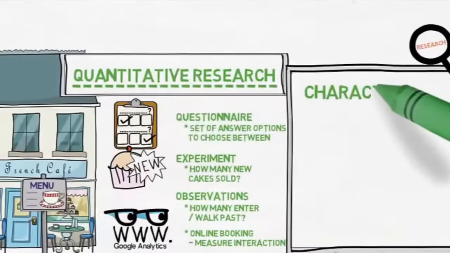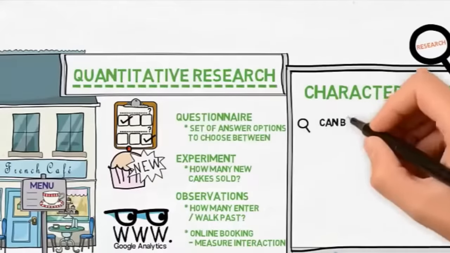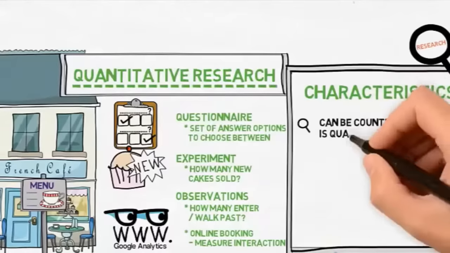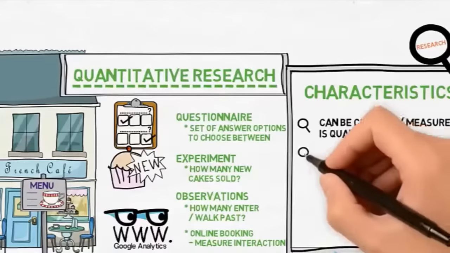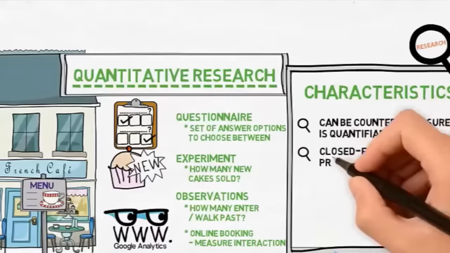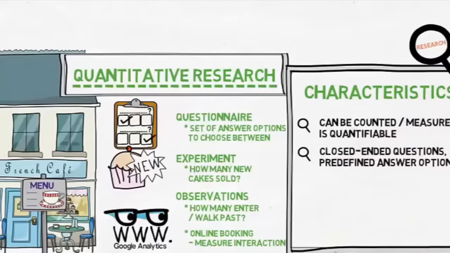So let us summarize the characteristics of quantitative data. Quantitative data can be counted and/or measured. It's quantifiable. It is based on asking closed-ended questions, for example by providing predefined answer options in a questionnaire.